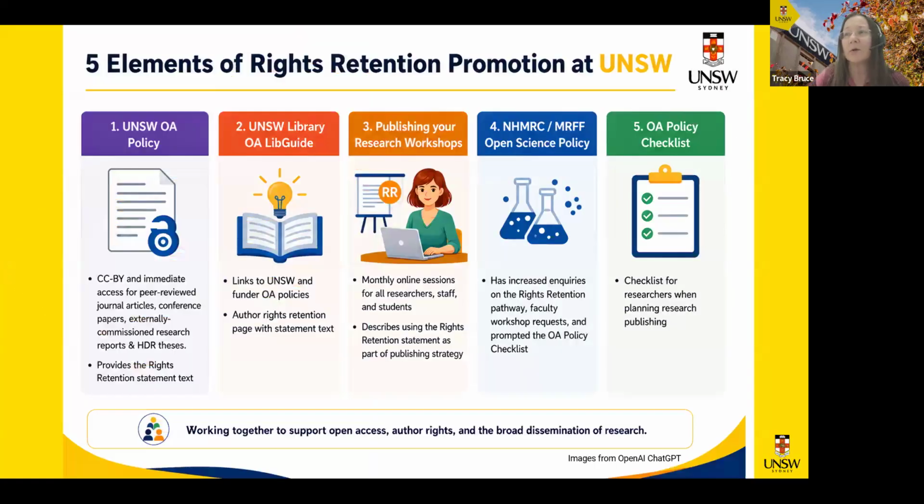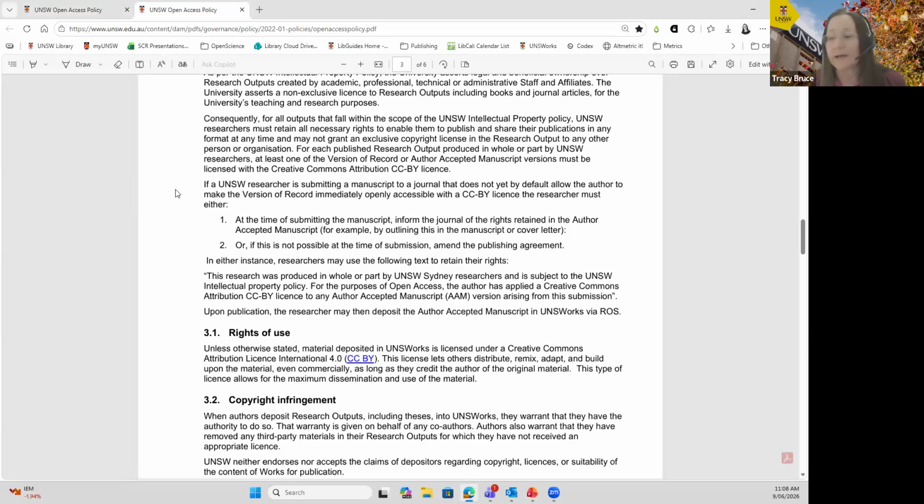So we're just going to take a look at the ways we're promoting rights retention at UNSW, starting with the UNSW Open Access Policy itself, which is a fairly brief document outlining the responsibilities of UNSW researchers, including HDR students, that they need to make their work open access, applying a CC BY license, and this applies to peer-reviewed journal articles, conference papers, externally commissioned research reports, and HDR theses.